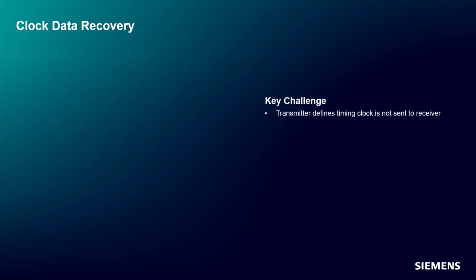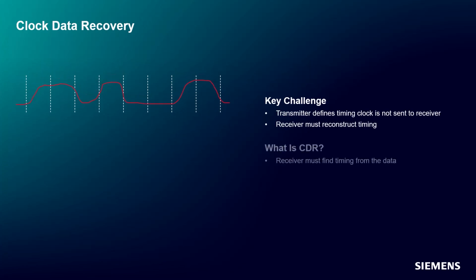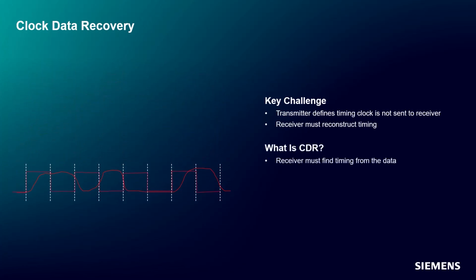But there's a key challenge. The receiver does not receive this clock directly. The transmitter defines timing, but the receiver has to reconstruct that timing from the signal itself. So how does the receiver know when to sample the signal? This is where a CDR, or clock and data recovery circuit, comes into play.